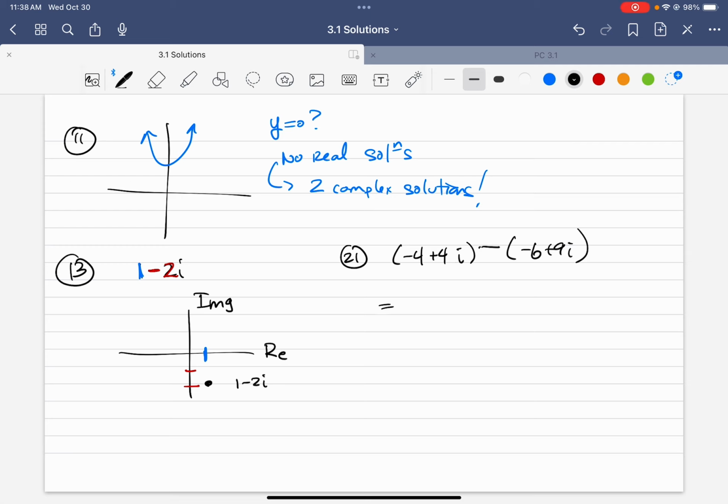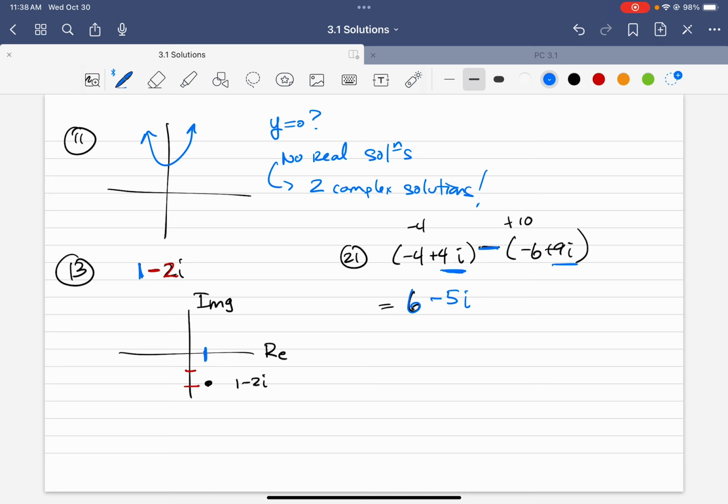Okay, so what we're going to do is take this real part minus this real part. So this is really negative 4 plus 10. So that's going to be 6. Then the imaginary part is this minus 9i. So it's going to be, what, negative 5i. So it should be 6 minus 5i.